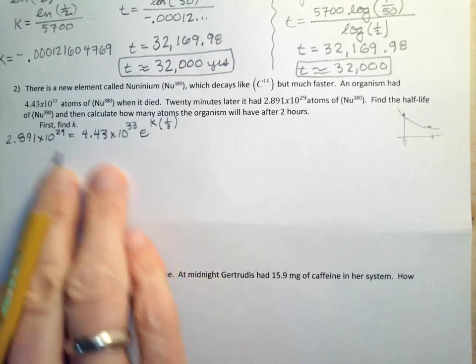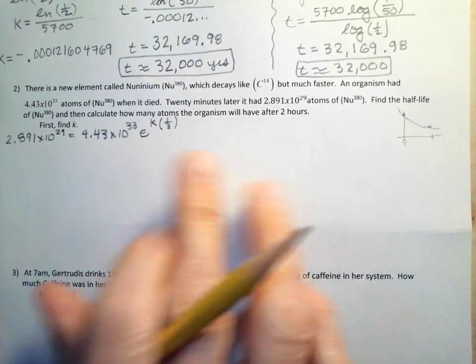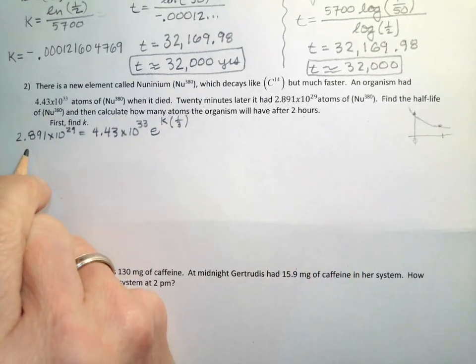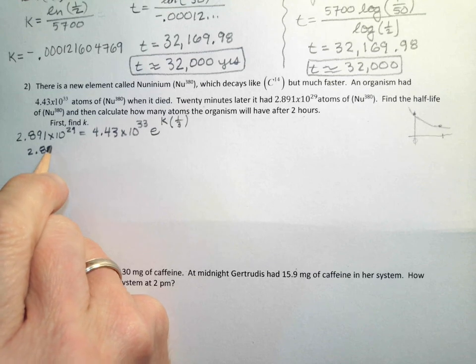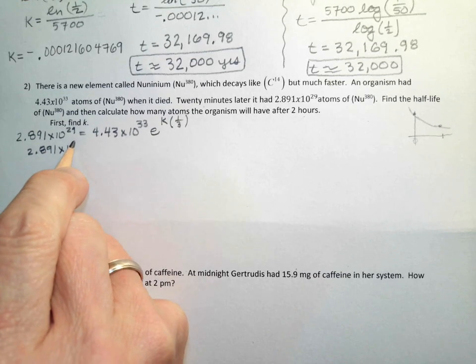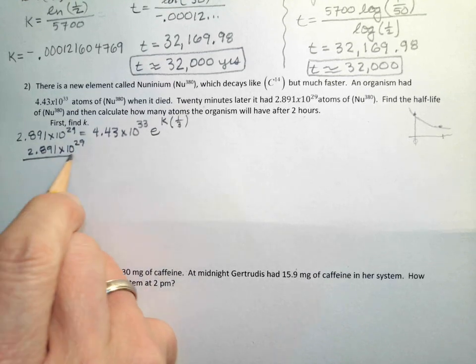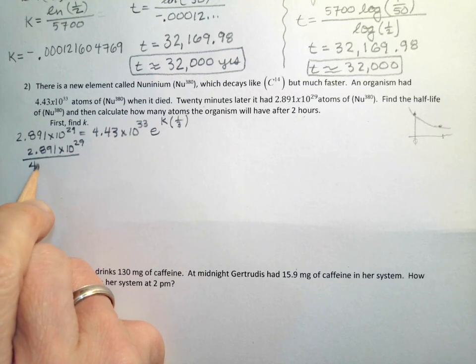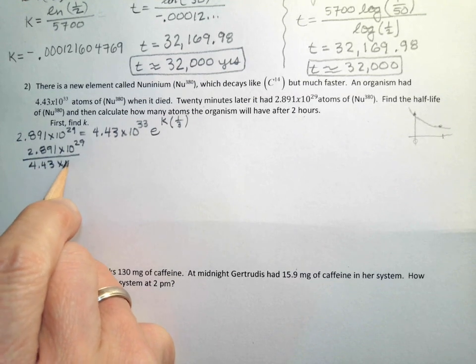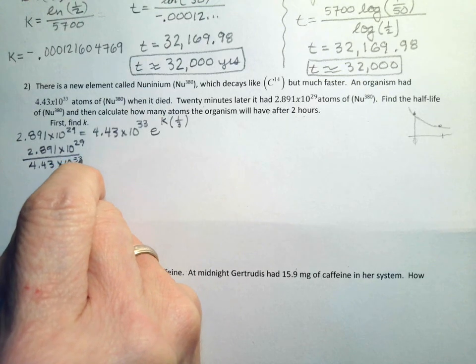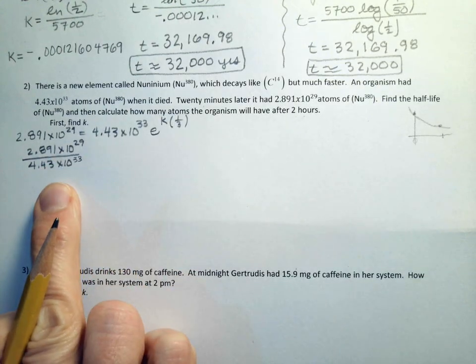Okay, so what we're going to do first is divide these, right? We get 2.891 times 10 to the 29th divided by 4.43 times 10 to the 33rd. Let's just take a second and figure out what this is.